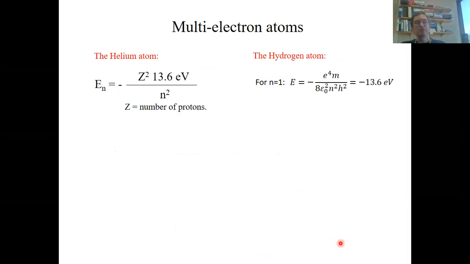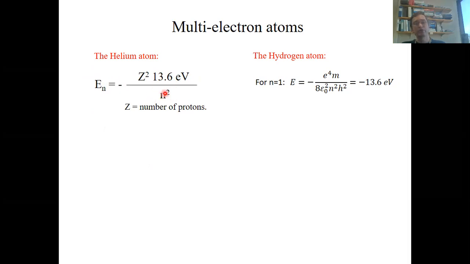The Schrödinger model is also able to give the orbital energies for atoms with multiple electrons, and precisely it is given by minus Z squared times 13.6 electron volts over n squared.